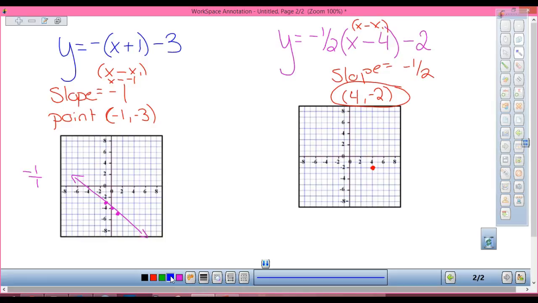And Renisha, since my slope is -1/2, what do I have to do? Well, careful. It's what over what? Rise over run. So where should I go from this point?